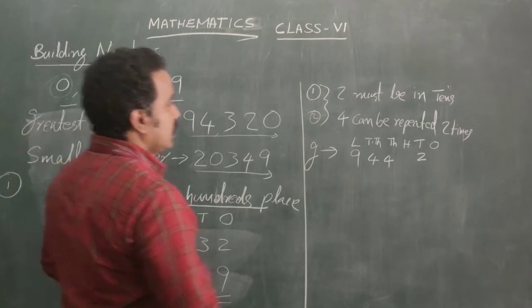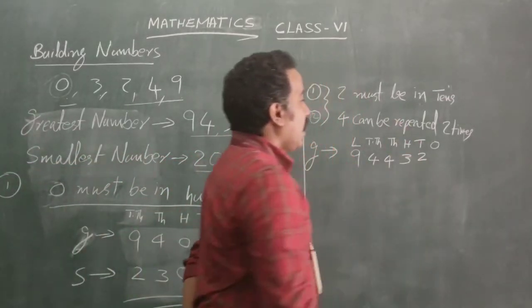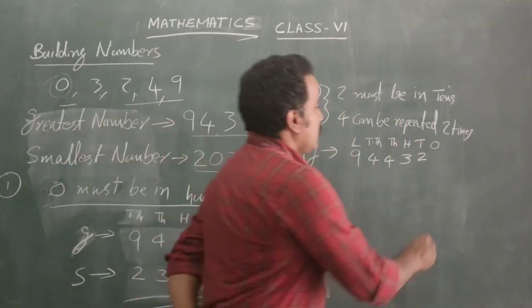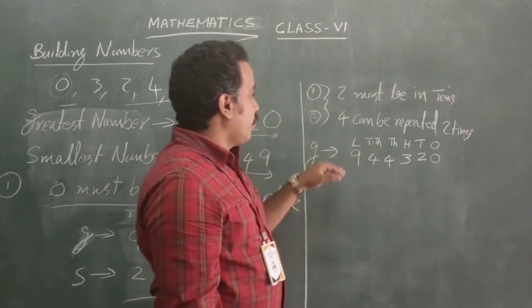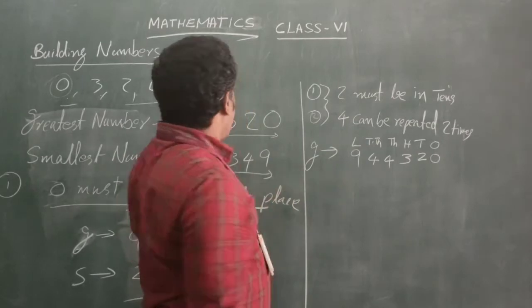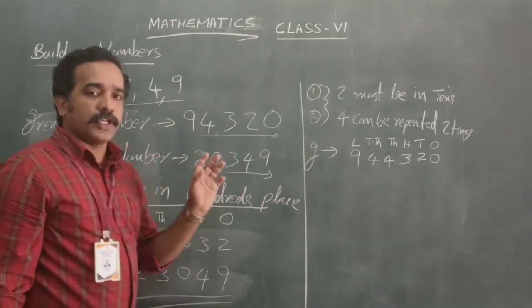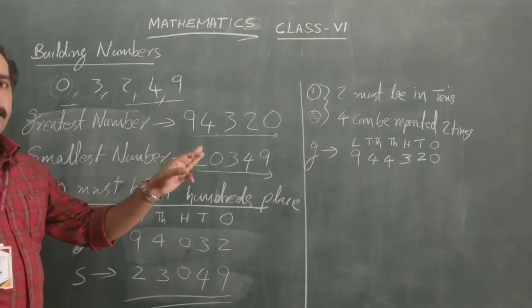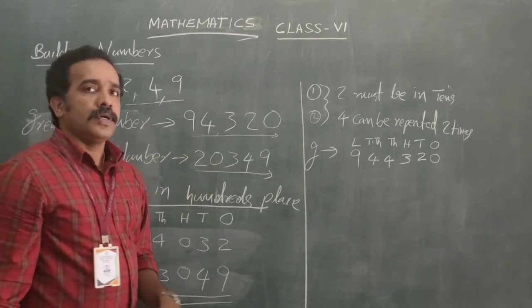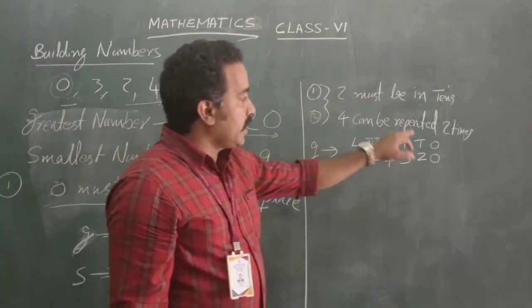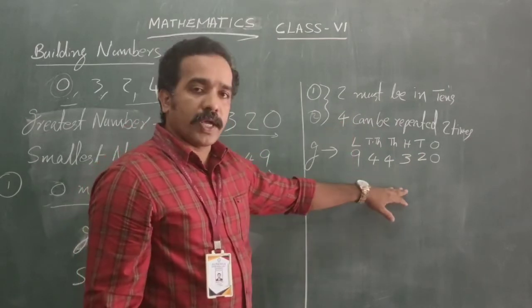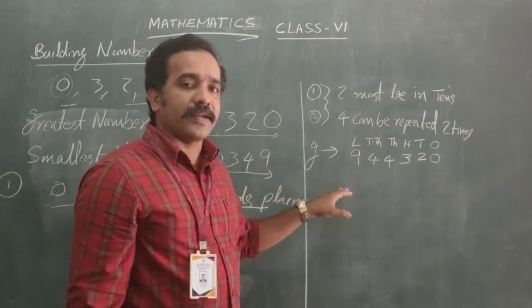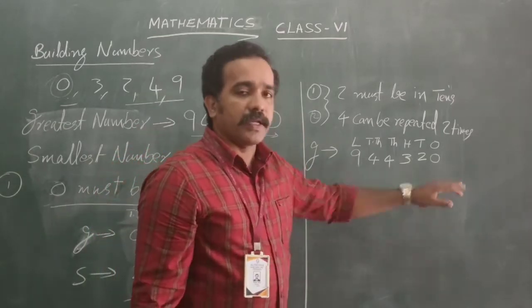Then next digit 3 and the last digit must be 0. So this will be the answer when the question is: using these 5 digits 0, 3, 2, 4 and 9 make a 6-digit number, where 2 must be in the tens place and 4 can be repeated 2 times. Make the greatest number. So this will be the greatest number.